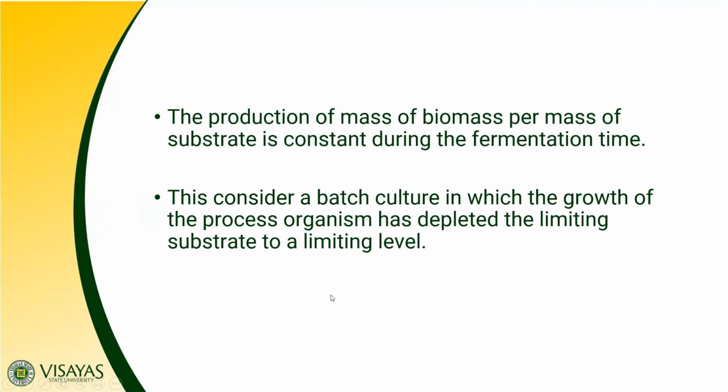So when there is now a depletion because of the microorganisms' consumption of the substrate, the substrate itself is the limiting factor to the production of the product by the microorganism, and that's also the time that another concentration of the substrate is being mixed or added in the fermentation vessel. Okay, so there is an indicator to that in the bioreactor.